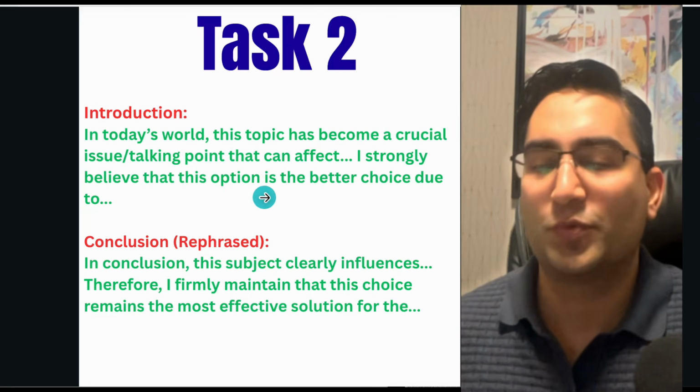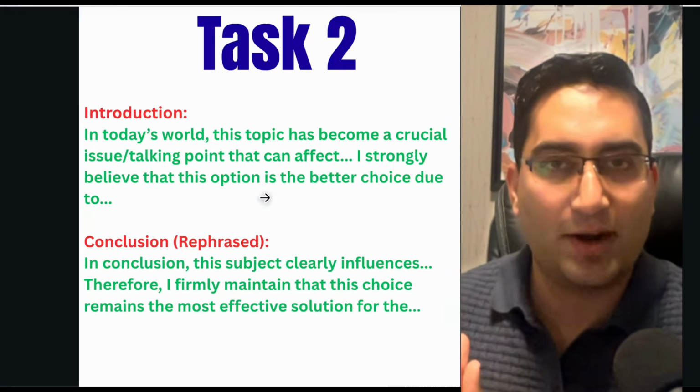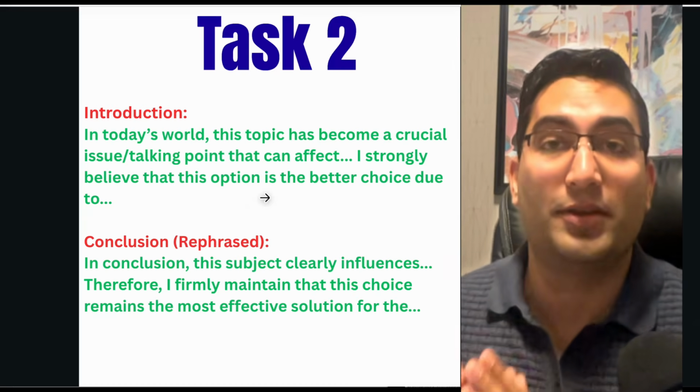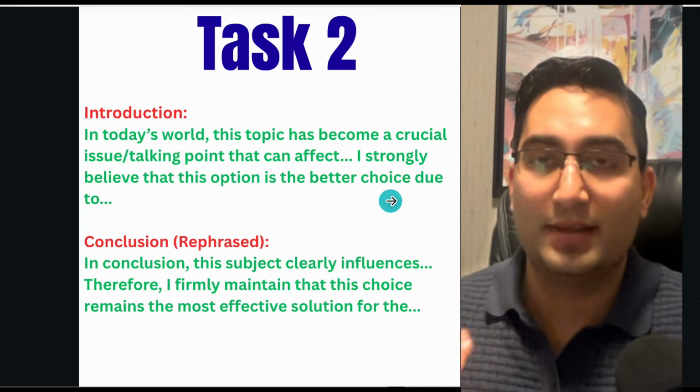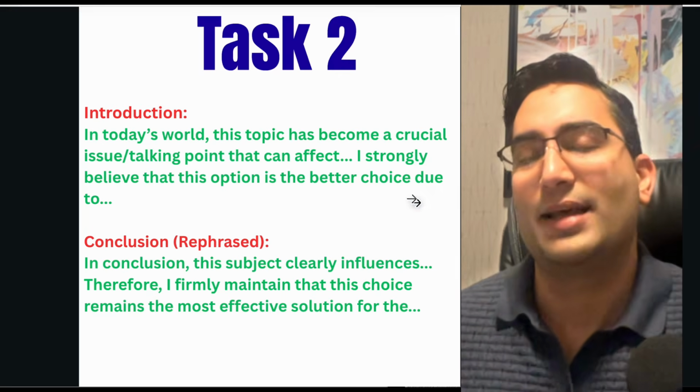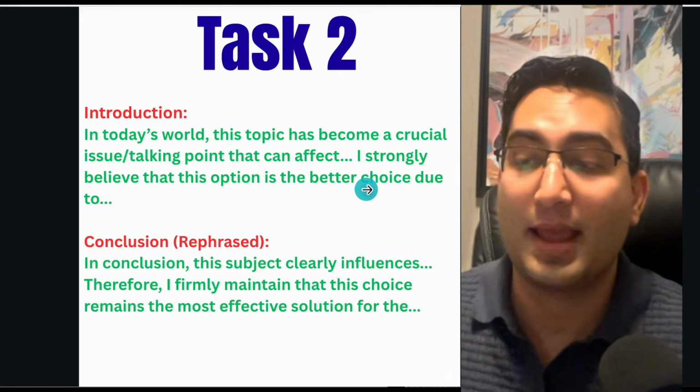In this sentence, we're saying clearly, this is our opinion. We're not saying I support both or I think both are good. No, you pick one and you mention this is what I support and this is due to these brief reasons. That's how your general and opinion sentence looks at the start.